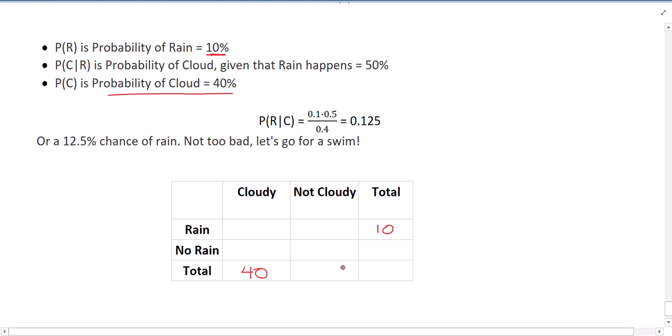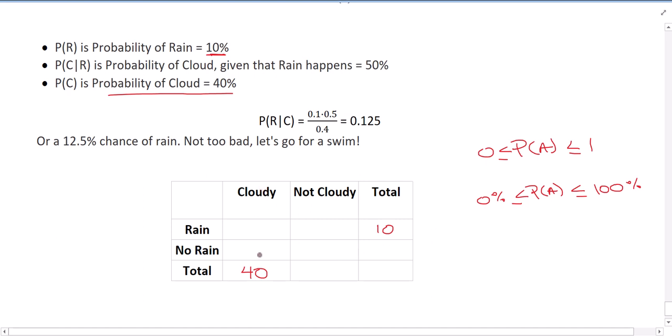One thing that we know about probability is that probabilities are always between 0 and 1. In percentages, the probability of something occurring is between 0% and 100%. 0% meaning it never happens, 100% it always happens.